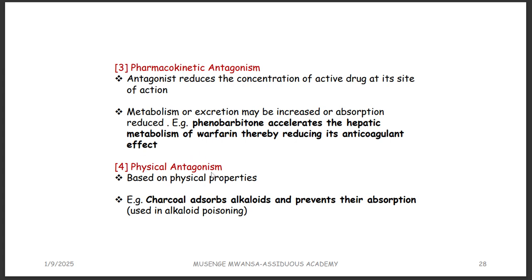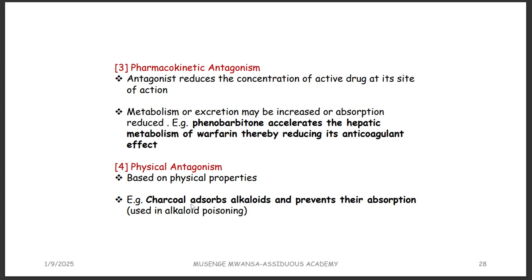You also have physical antagonism. This is where there is just some physical property helping in antagonism. There's not really a reaction, for example, what happens with charcoal. Charcoal is going to adsorb alkaloids and prevent their absorption.